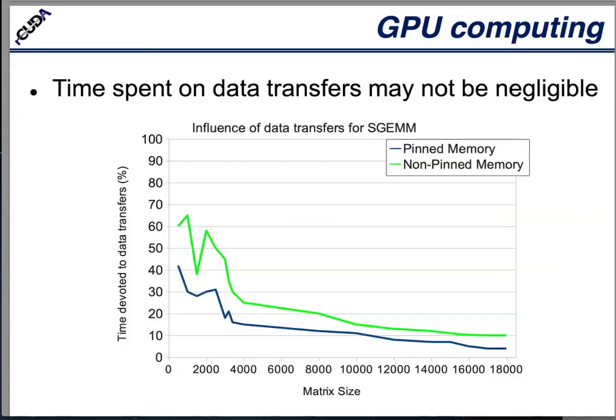Here in this plot, you can see the ratio between data transfer and execution in the GPU. This is for a matrix multiplication, and as you can see, the more work we have to do in the GPU kernel, the better the ratio, and the more benefit we obtain from sending data to the GPU, executing there, and taking the results back to the CPU memory space.